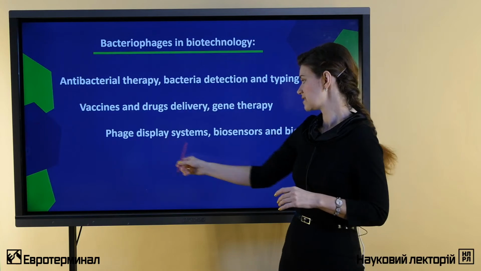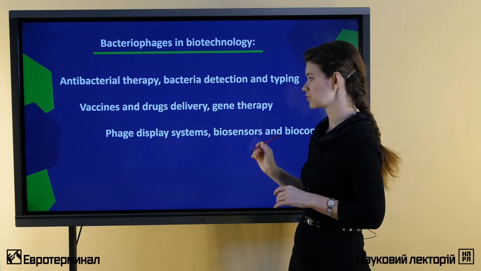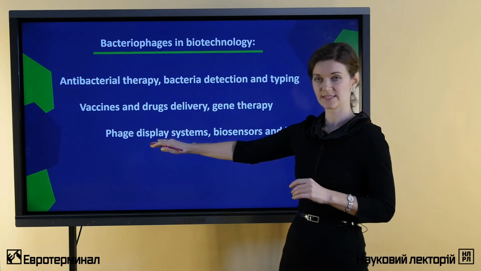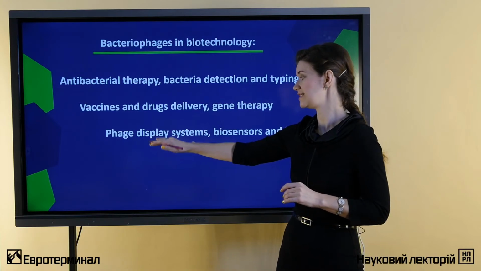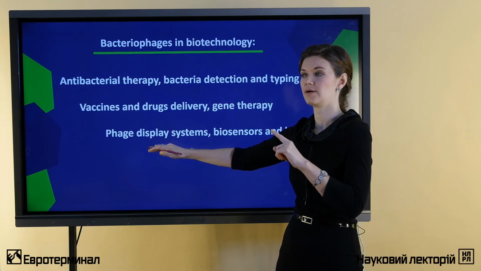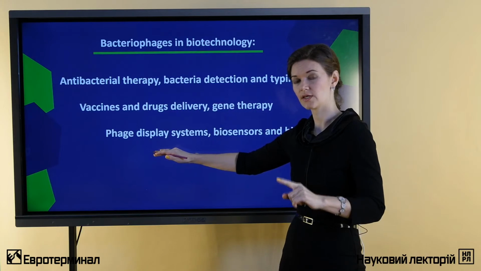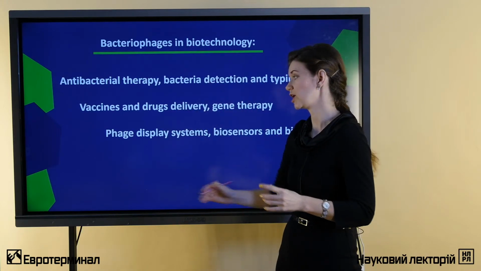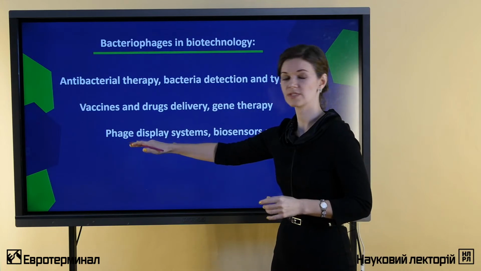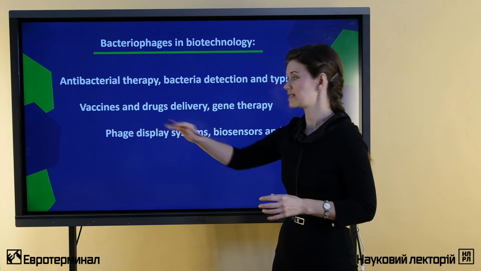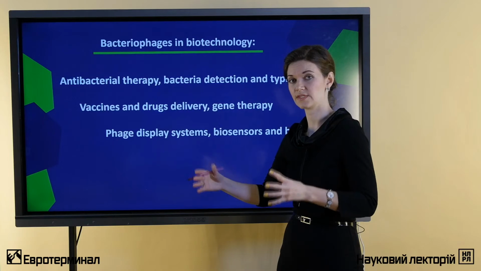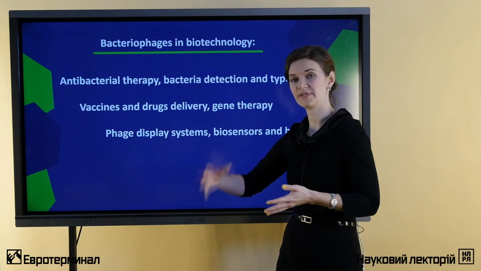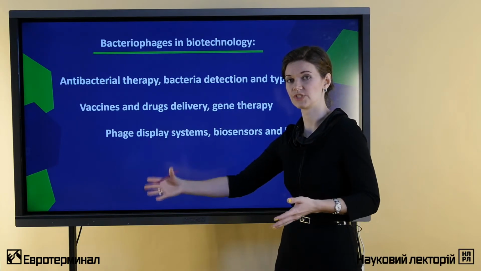Phage display systems, biosensors, biocontrol. Phage display systems have to deal with the repeated protein subunits of the phage capsid. Remember, we talked about these proteins that build the phage. So phage display is actually based on this principle of multiple repeated copies of one and the same protein.